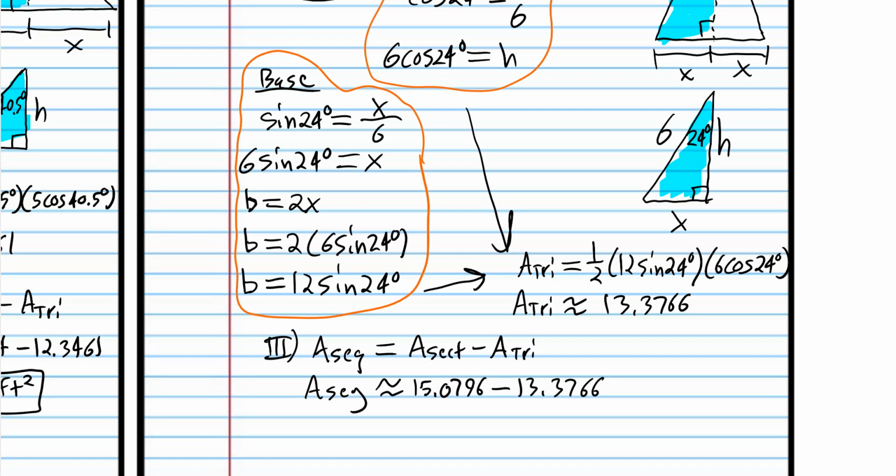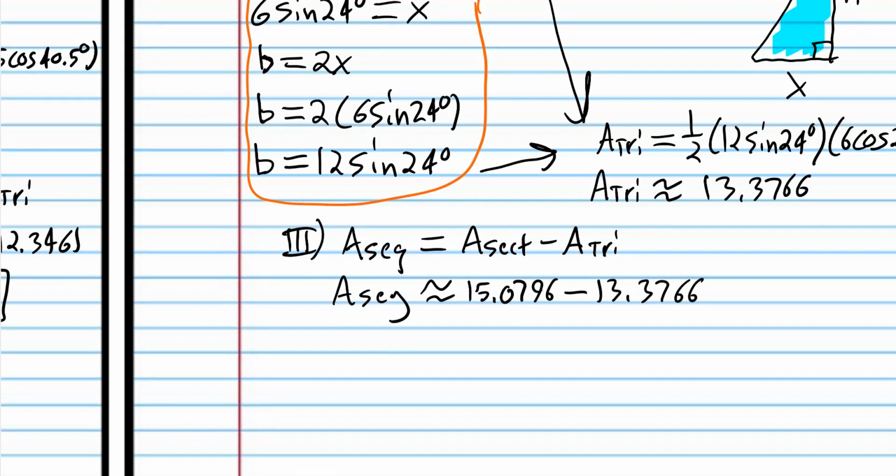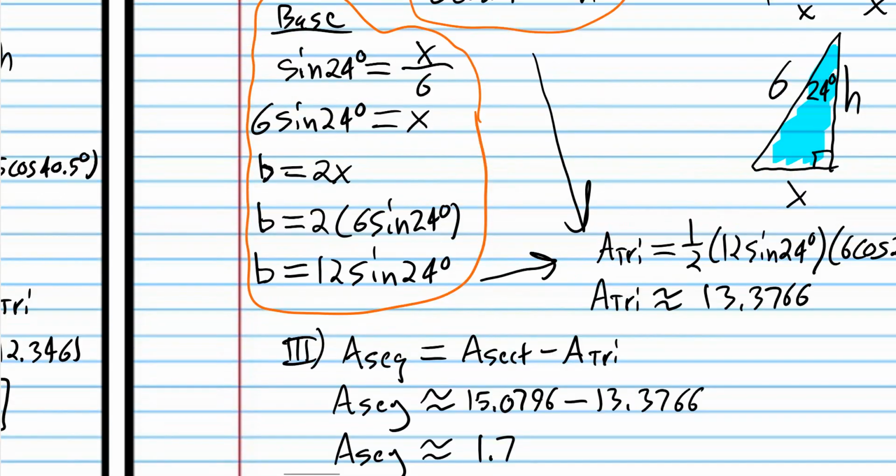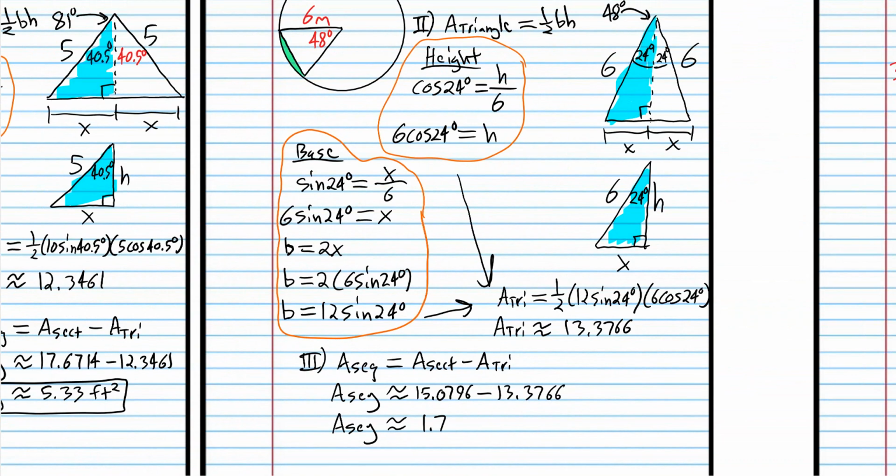If you have that 13.3766 in your calculator, you can keep that in there and just push minus 15.0796 equals, and you're going to get a negative number, but that's okay because we can just change it to positive. Obviously, we know it's going to be a positive number. We just kept it in there so we didn't have to write both numbers. So now we have 1.7, and the units are meters, so 1.7 square meters for the area of that segment.